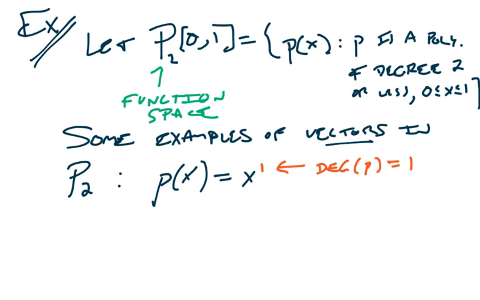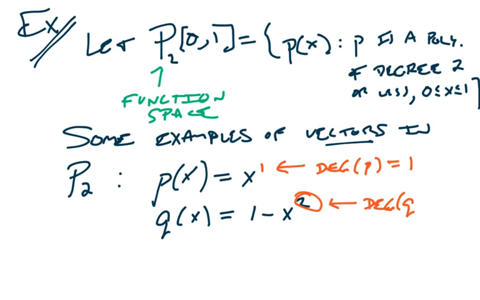And so it is in P2. I could have another polynomial called q, and this might be 1 minus x squared or something. This is degree 2. And so this thing does live in P2.